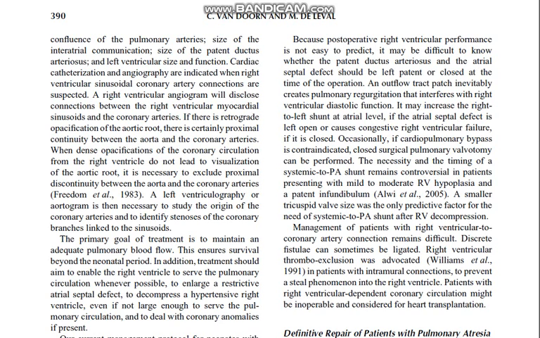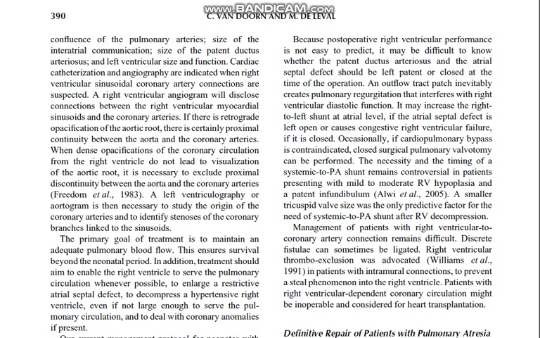Because postoperative right ventricular performance is not easy to predict, it may be difficult to know whether the patent ductus arteriosus and the atrial septal defect should be left patent or closed at the time of the operation. An outflow tract patch inevitably creates pulmonary regurgitation that interferes with right ventricular diastolic function. It may increase the right to left shunt at atrial level if the atrial septal defect is left open, or cause congestive right ventricular failure if it is closed. Occasionally, if cardiopulmonary bypass is contraindicated, closed surgical pulmonary valvotomy can be performed.